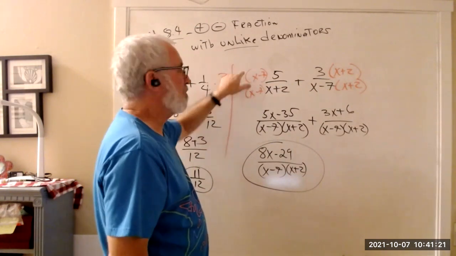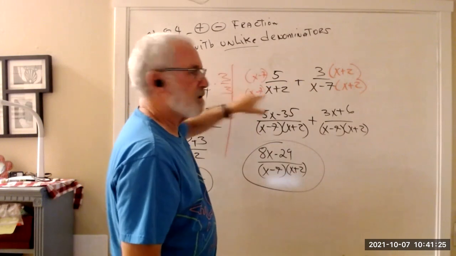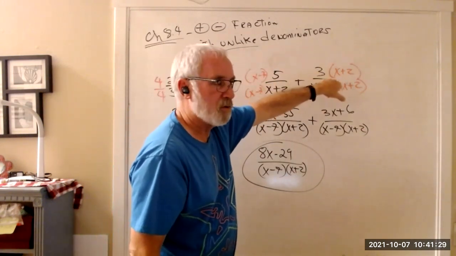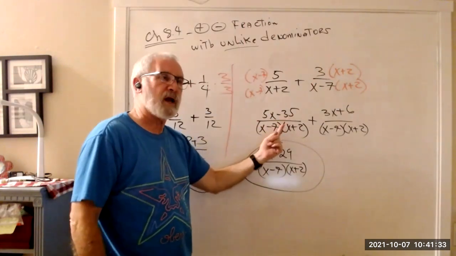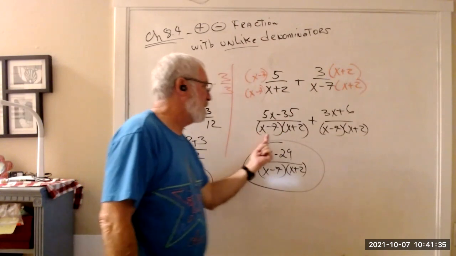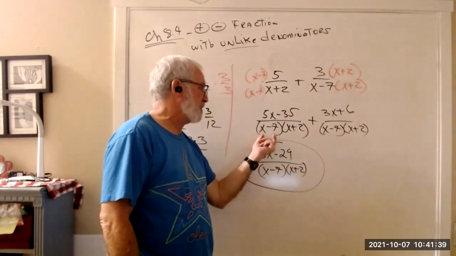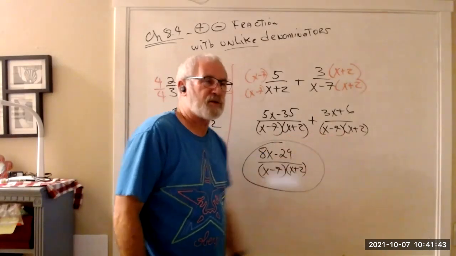So this one multiplies top and bottom by the x minus 7. This fraction multiplies top and bottom by the x plus 2. And yes, it screws up the numerator, but we don't care. The rule was the two denominators have to be the same. And since they have the same factors, I can see that they're the same.